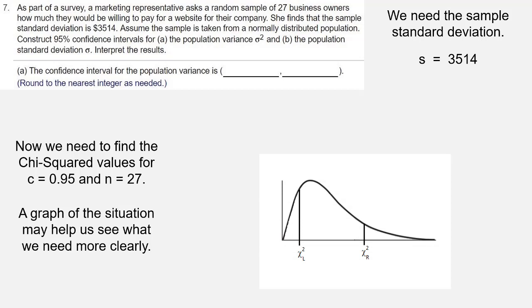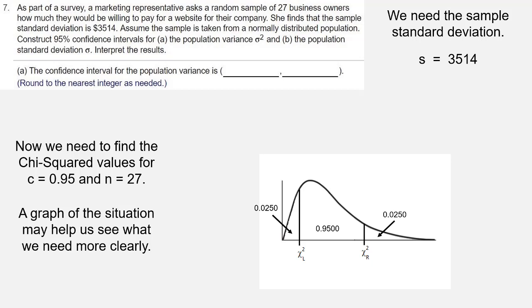In that chi-square distribution, we've positioned values chi-square L and chi-square R in such a way that the area between them is the level of confidence, and that they have the same area in each tail. So the level of confidence is 0.95, so 0.9500 is in the middle. In our two tails, that leaves 5% of the area, split evenly, would be 2.5%. As a decimal, that's 0.0250.